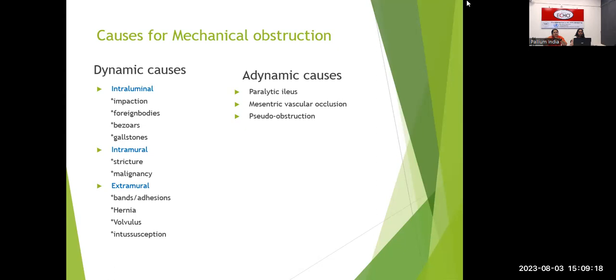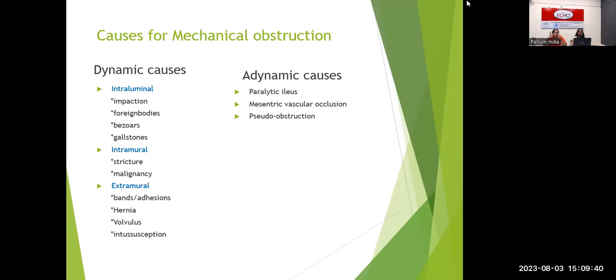Something not particularly related to the intestine, but why paralytic ileus? Probably due to hypomagnesemia or hypokalemia. It can lead to the forward movement, that prokinetic movement, being stopped, and that leads to intestinal obstruction.